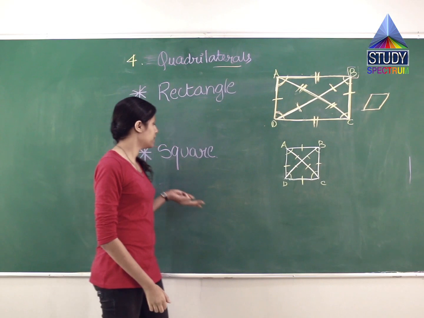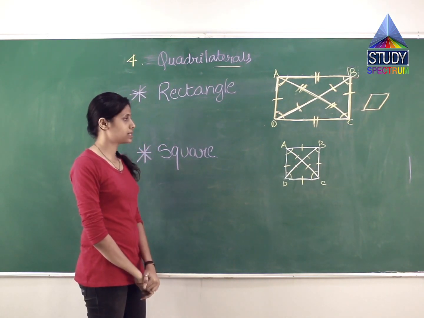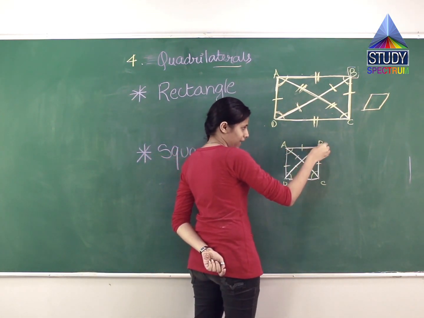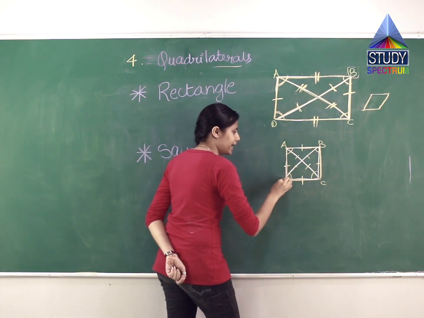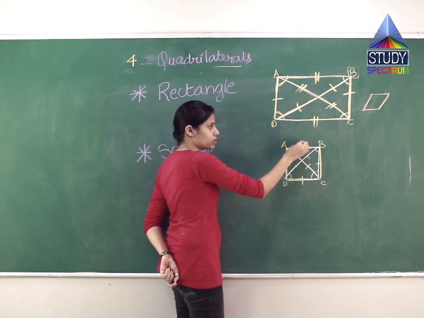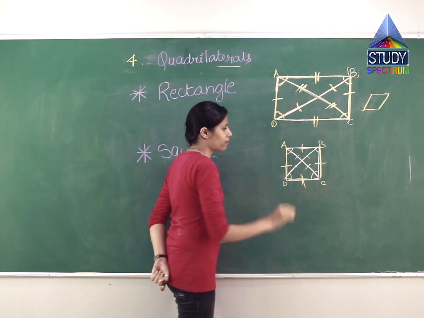Now we will study the properties of a square. What is a square? Similar to a rhombus, a square also has 4 sides. Look over here, it is AB, BC, CD and AD. Like a rhombus, all the sides of the square also are equal in length, represented by 1 unit.